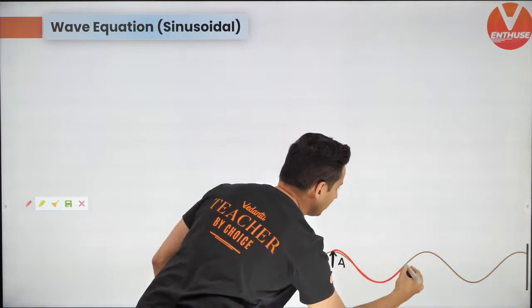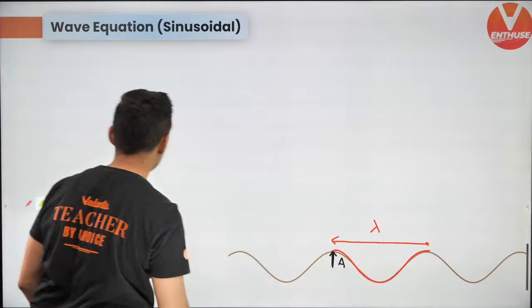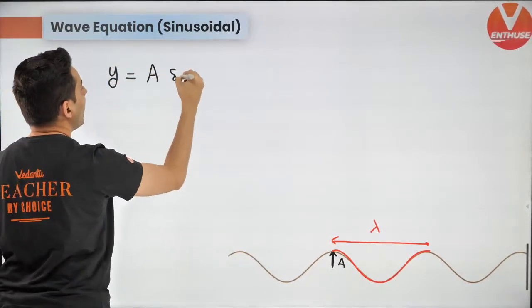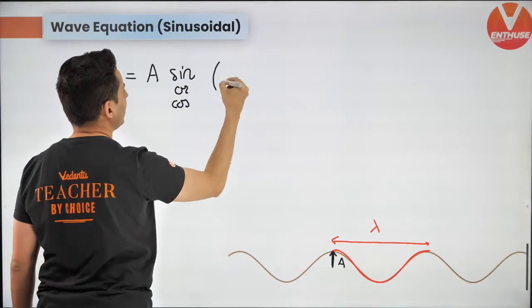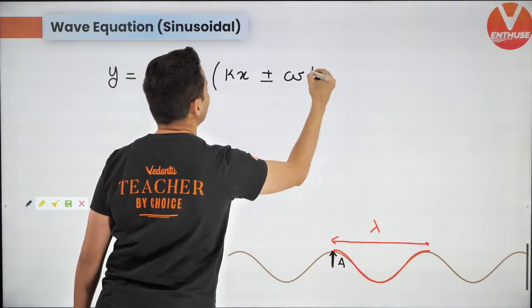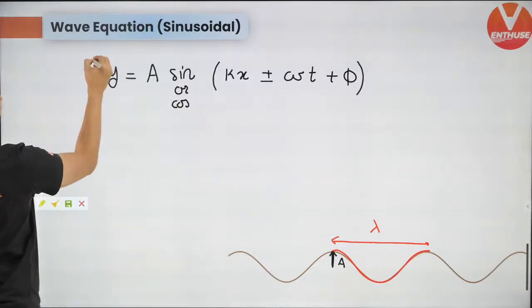From here to here, this is your wavelength, and the wave equation will look like this: y equals amplitude times sine or cos, doesn't matter, and then kx plus or minus omega t plus phi.